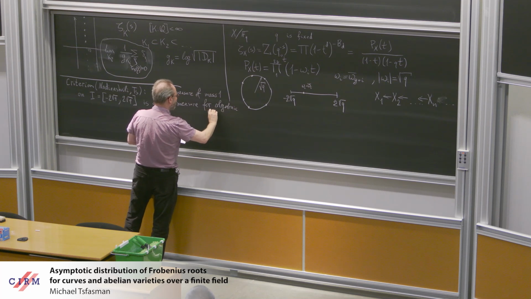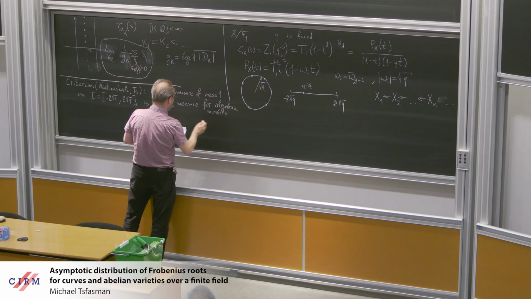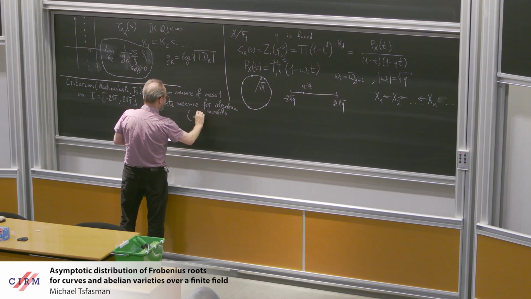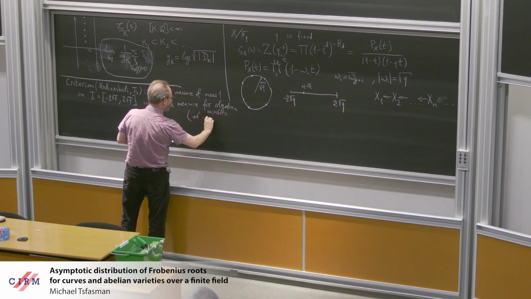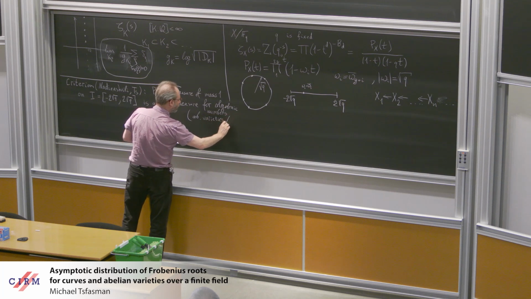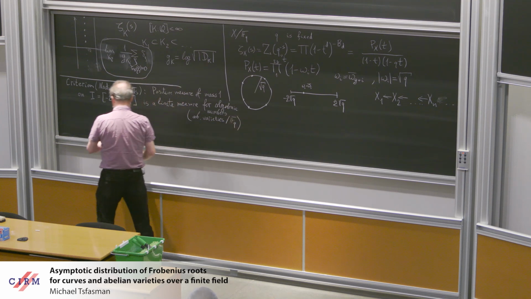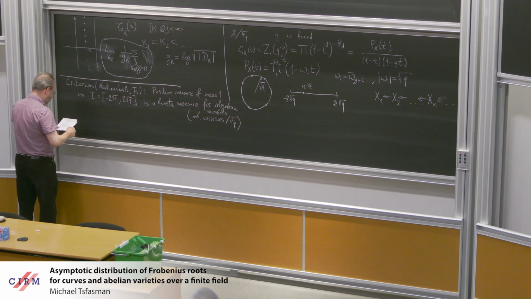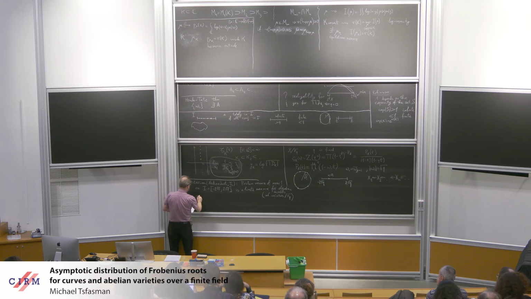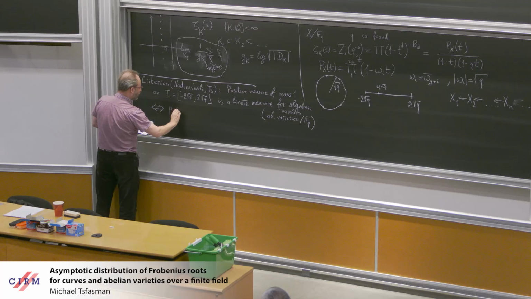Algebraic numbers, or which is the same, abelian varieties over F_q, if and only if the potential of this measure is everywhere positive.